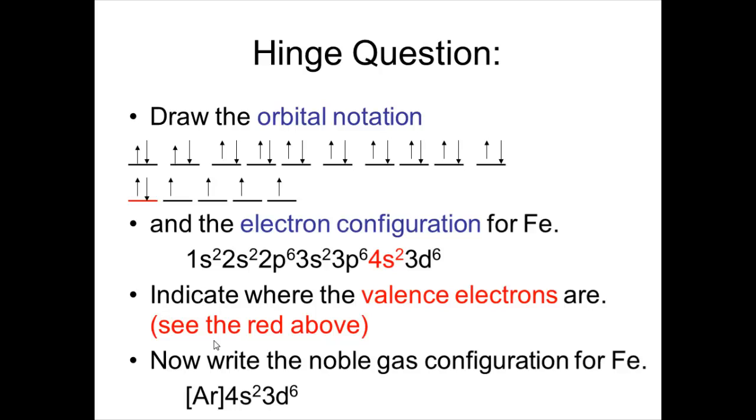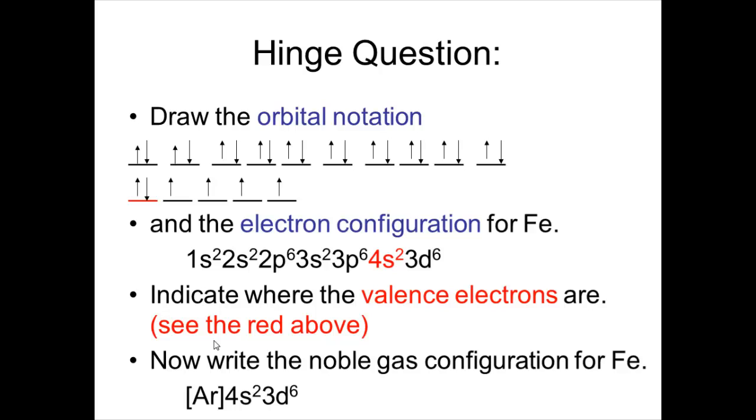The 4th energy level is being used. That's the highest energy level. So the S and P electrons in the 4th energy level are the valence ones. Now for iron, there is no 4p in the configuration, but you do use the 4s, so those 2 electrons there in red are the 2 valence electrons for iron.